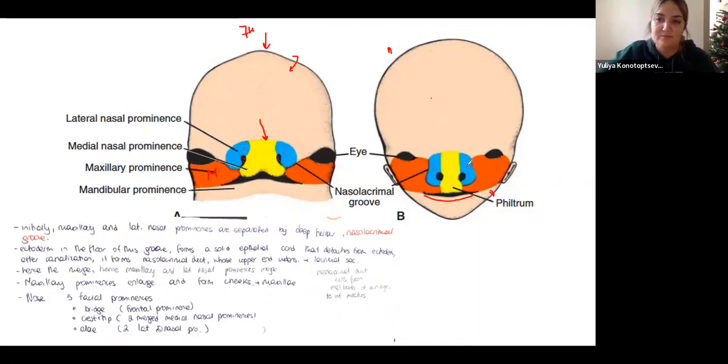Now, what about the blue things, right? What are these? These are, of course, the wings of your nose, the ala. So the ala of the nose, these little lateral surfaces, have come from the lateral nasal prominence.